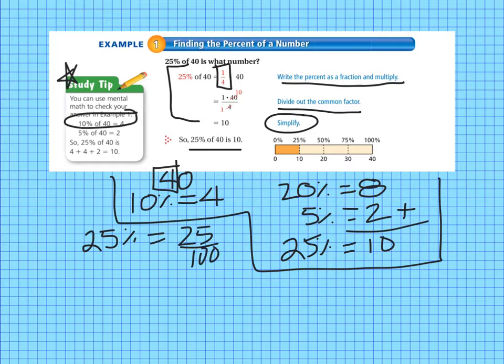So as a decimal, that equals 0.25, and you can multiply that by your number instead of using a fraction. And when you do that, you will also get 10. So if you prefer to multiply by decimals, that is always an option. You do not have to use fractions.